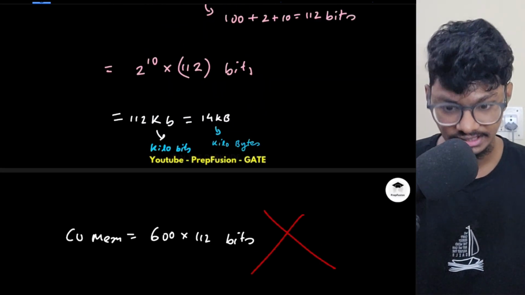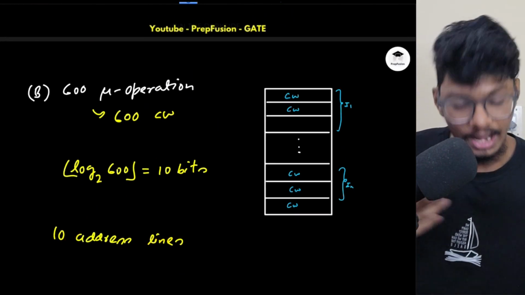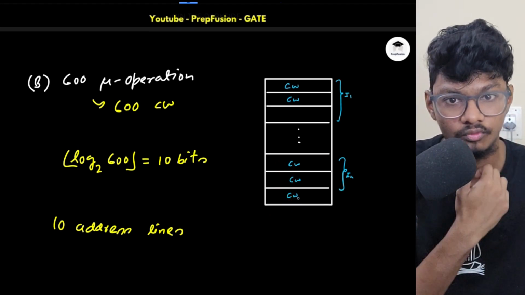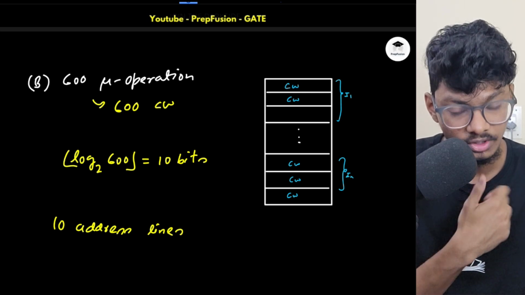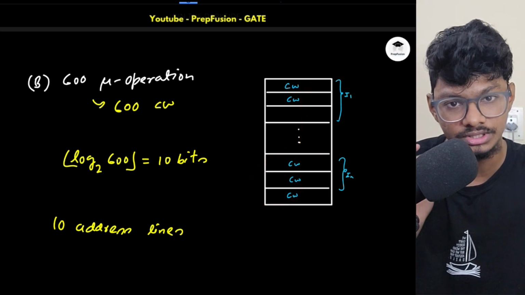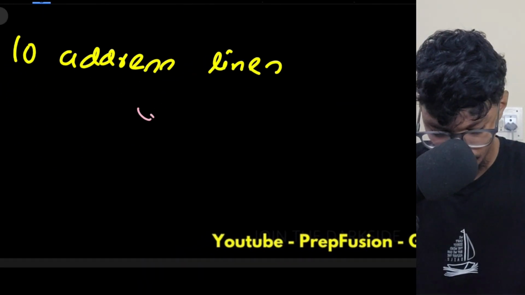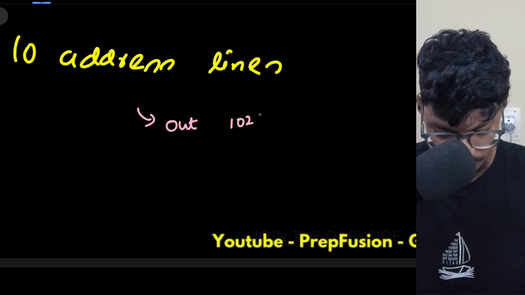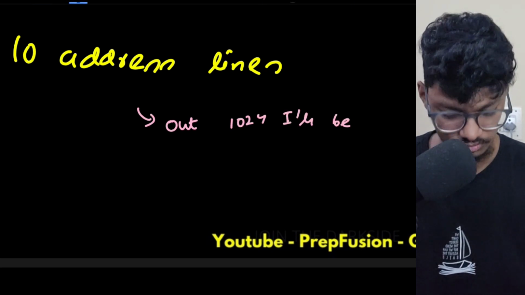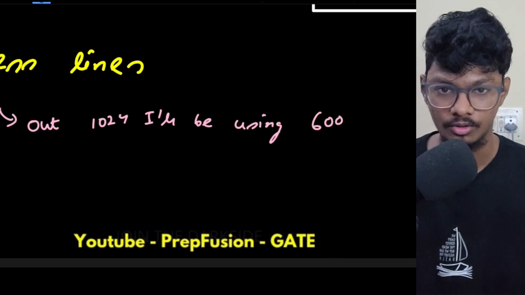Why will this be wrong? You have told that you are providing 10 address bits, right? 10 address lines. And I know that there is a wastage of space, that a few control words will be wasted. Why will a few control words be wasted? Because I'm not using all of them. Out of 1024, I will be using only 600 for my operation.